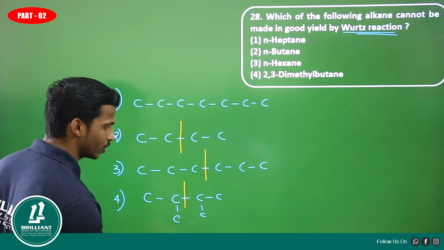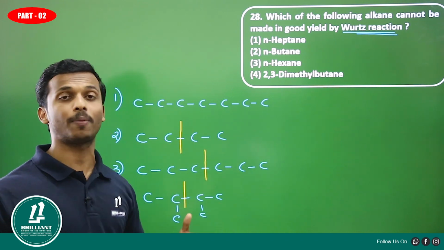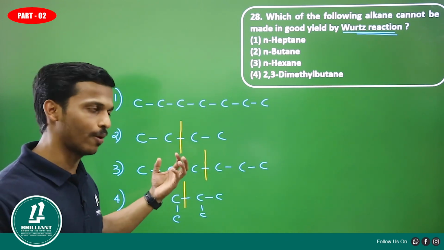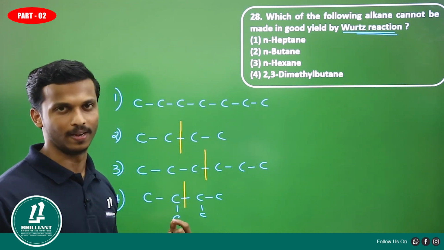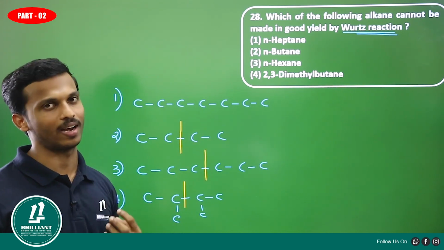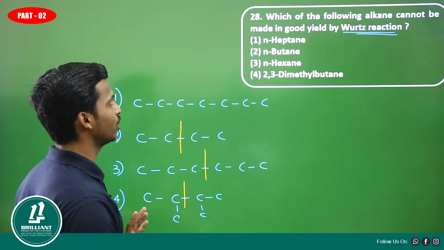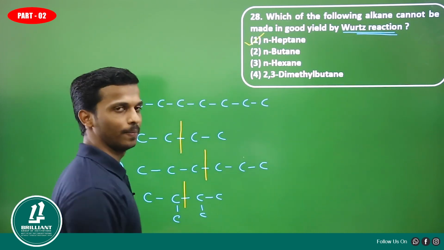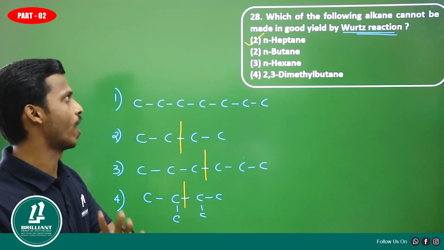Here you can see this is also symmetric. So these kinds of alkanes can be prepared by Wurtz's reaction because they have an even number of carbons and are symmetric. But odd number, especially unsymmetrical alkanes, cannot be prepared by Wurtz's reaction. So the answer is which one? Normal heptane is the answer. So question number 28, the answer is again 1.